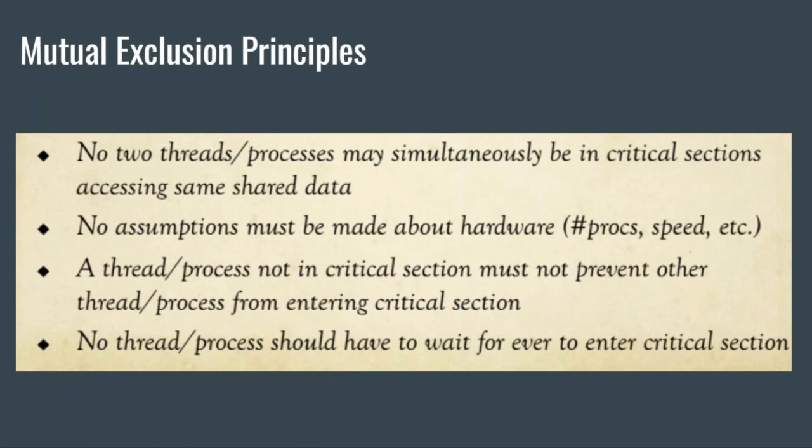You just can't take that in as a factor. Then a thread or a process that's not in the critical region should not stop another thread or process from entering. And then no thread or process should have to wait forever to enter a critical section. They should, at some point in time, be able to enter the critical region and do whatever they need to do.